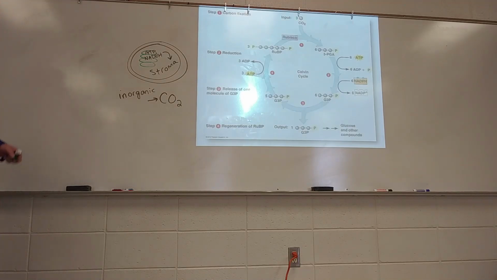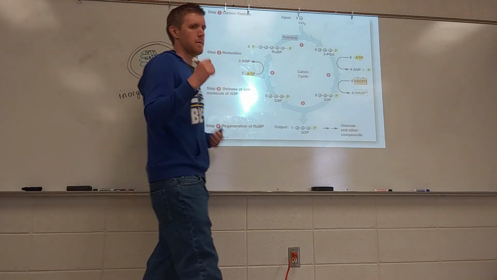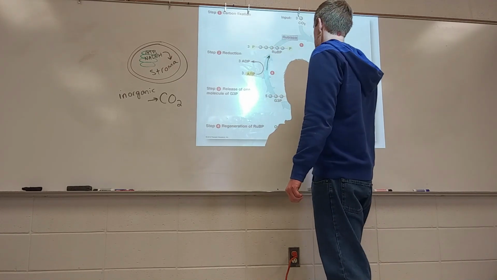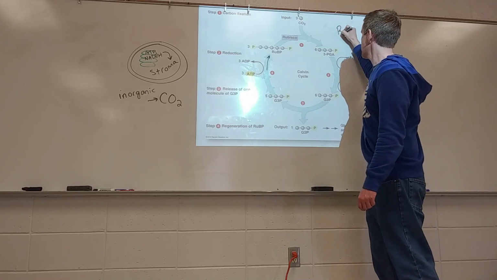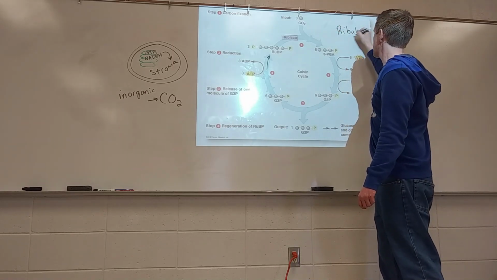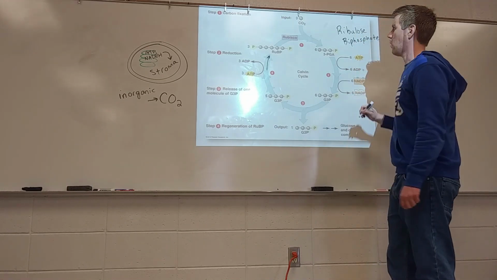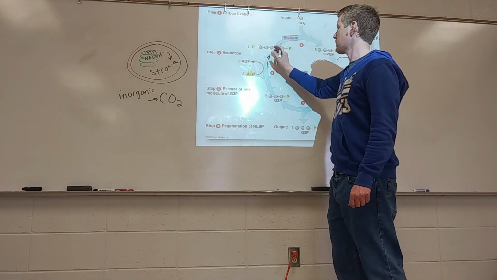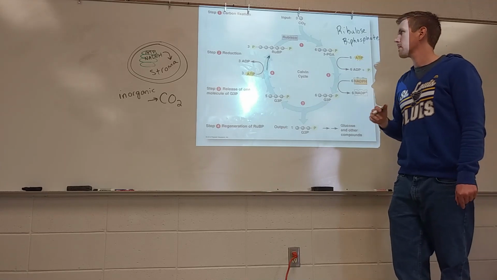I think looking at the whole picture is going to help here as well. So here we go. It's a cycle, first of all, which means that something always has to be regenerated and continuously move around the cycle. The name of the molecule that's regenerated is called ribulose biphosphate, typically shortened to RUBP. There are 3 molecules of this that are coming back around the cycle every time it churns.